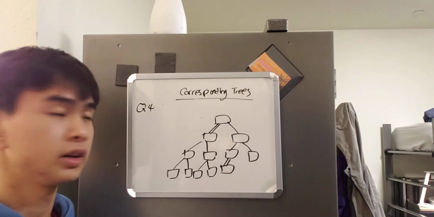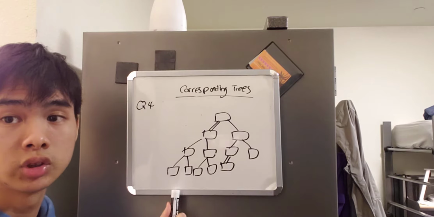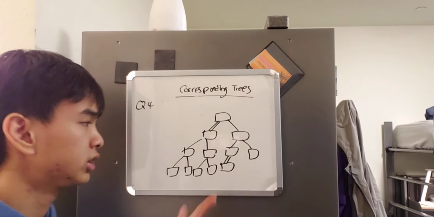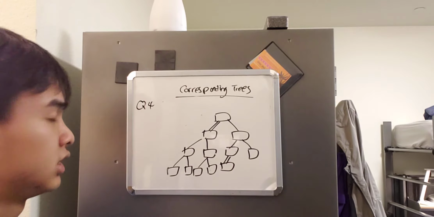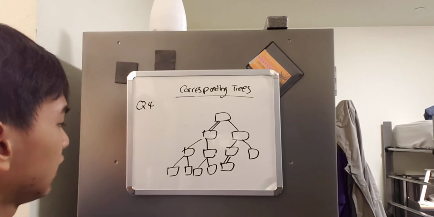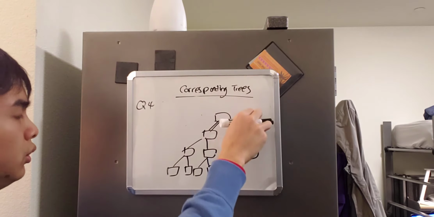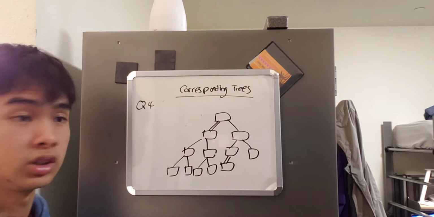For question 4, the question asks for the least number of nodes we can add to the corresponding LLRB tree to increase the height. So now it's an LLRB tree, not a 2-3 tree. To increase the height, we have to try and insert a node where it wouldn't break the invariant of the 2-3 tree.